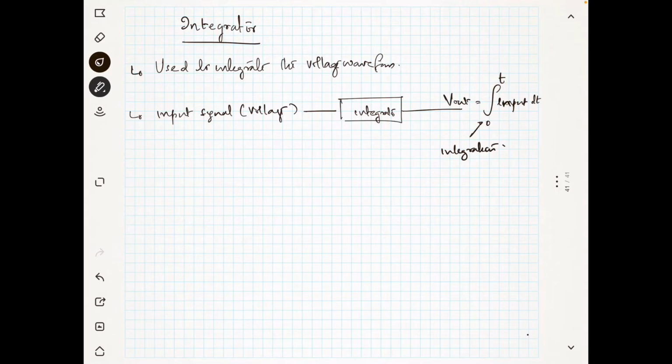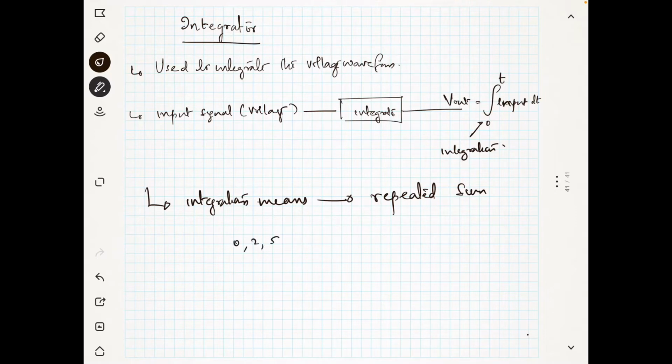So how can we perform this integration? Integration means the repeated sum. That means if you have some discrete values, for example 0, 2, 5, 4, then maybe 2, 3, like this.